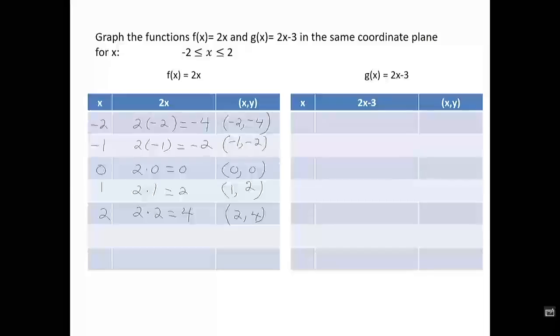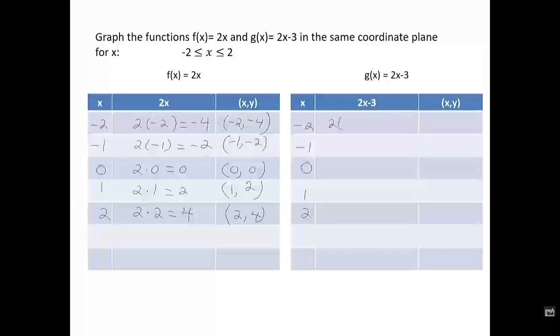Let's get the coordinates of g(x) = 2x - 3, using the same x values here: -2, -1, 0, 1, 2. So when x is -2, to compute the corresponding y coordinate, the definition of g says that we should multiply the x coordinate by 2.